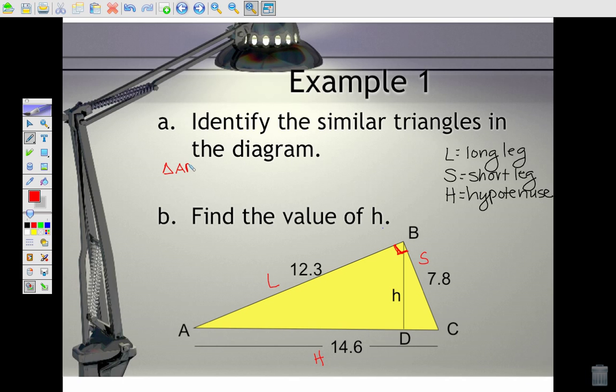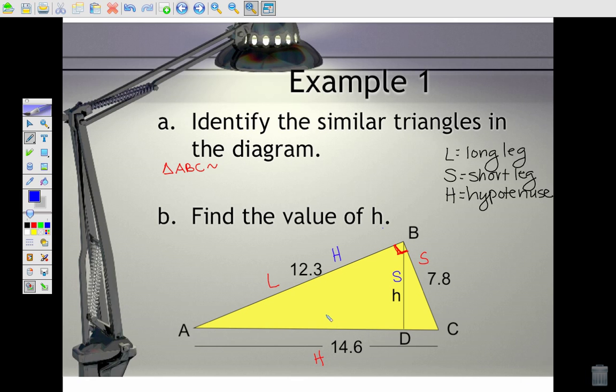So if we were to identify the similar triangles, we have triangle ABC is similar to, and now we'll go ahead and label the medium triangle. In the medium triangle, which is here, here, and here, this side right here is the hypotenuse.